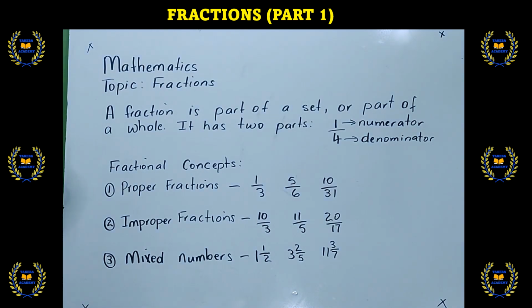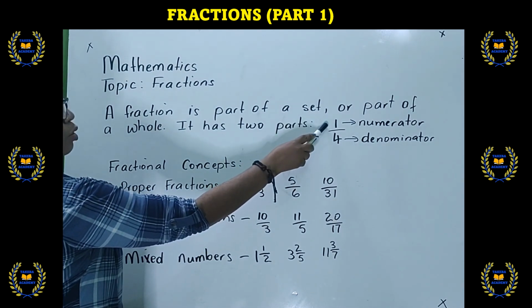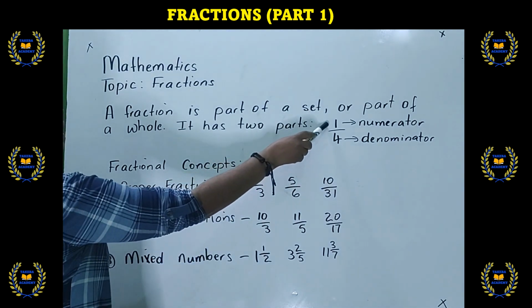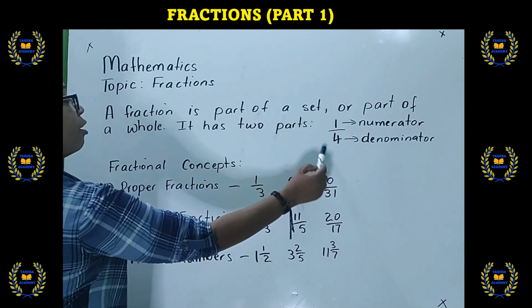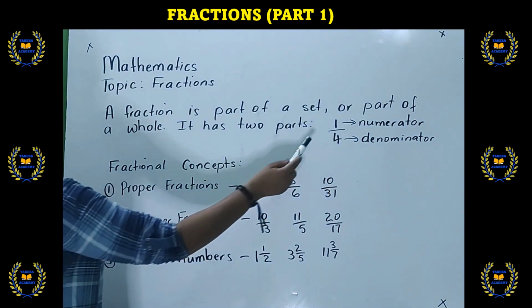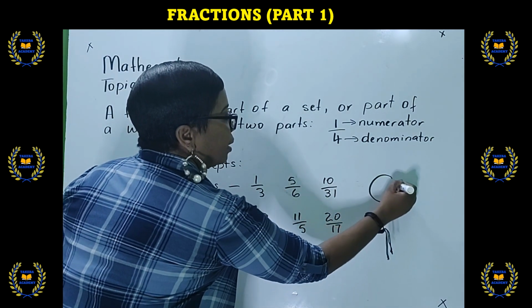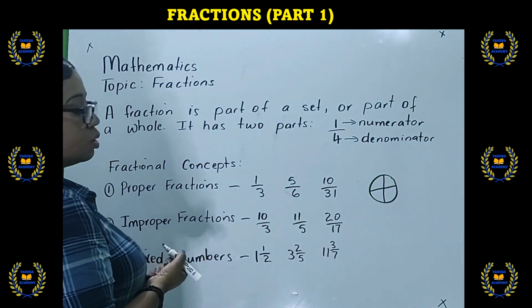Okay, so as we said, just to recap, a fraction is part of a set or part of a whole. And we have to remember what the two parts of the fractions are. We have the numerator and the denominator. So the numerator basically tells us how many parts we have taken out of the entire whole, right? So in this case, and let me put an example here, we had, say, a cake, and we cut it into 4 slices.